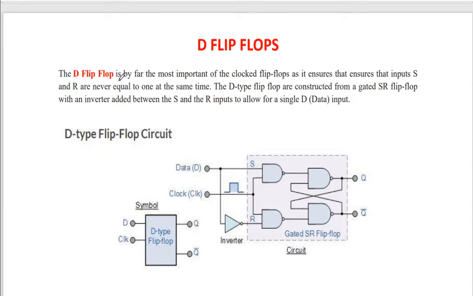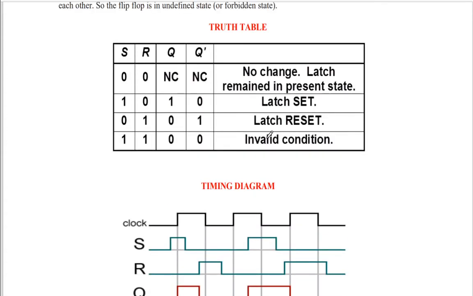The D flip flop is by far the most important of the clocked flip flops, as it ensures that inputs S and R are never equal to 1 at the same time. So this flip flop is trying to avoid the condition which we call a forbidden condition or invalid condition that was occurring when both S and R inputs were high.